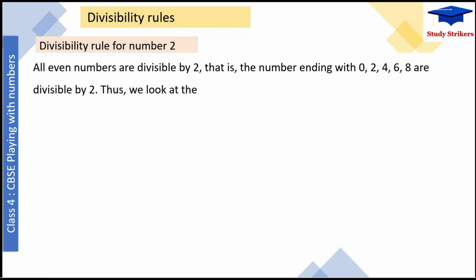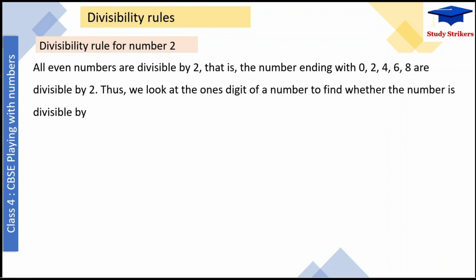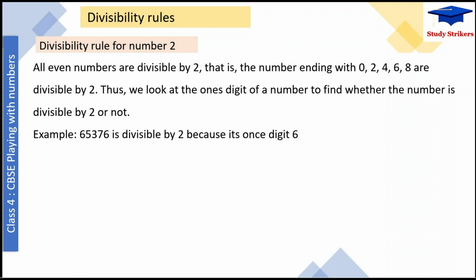Thus, we look at the ones digit of a number to find whether the number is divisible by 2 or not. Let's see the example. 65376 is divisible by 2 because its ones digit is 6, and 6 is an even number. So all the even numbers are divisible by 2.